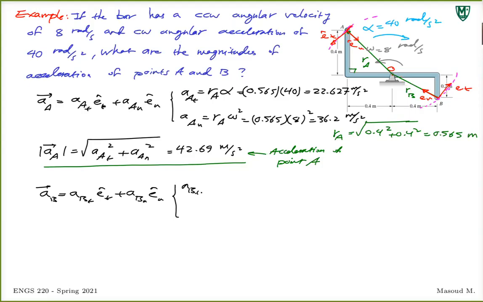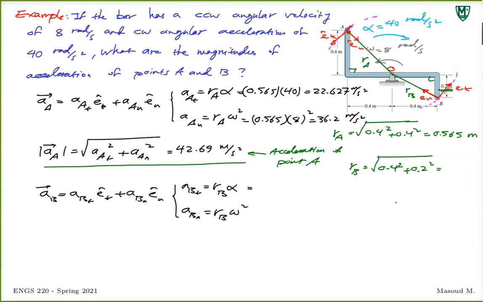Then AB tangent would be RB alpha. Well, alpha is the same for the whole rigid body. And AB normal would be RB omega squared. You have to find RB. RB is again in this right triangle: the square root of 0.4 squared plus this height that I kind of covered, which is 0.2 squared.